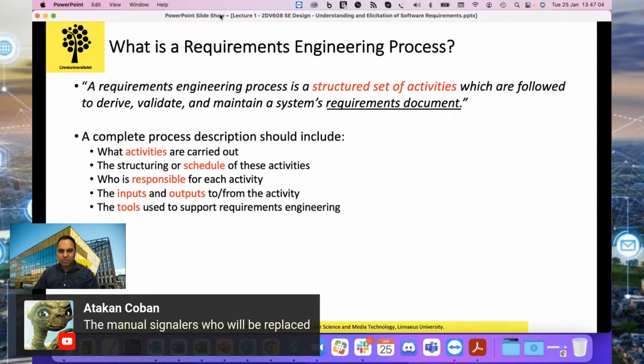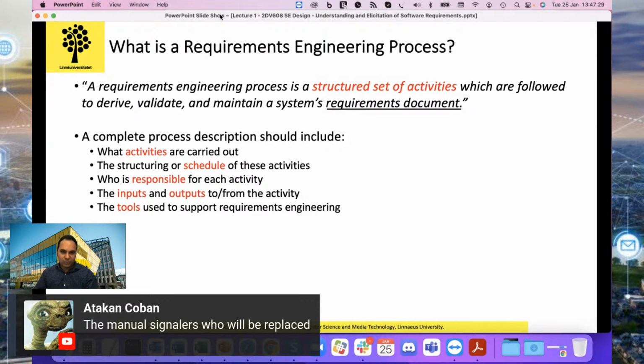but a requirements engineering process or a complete process should include the following things as part of your process. What are those things? That is, what activities will be carried out as part of your requirements engineering. It can be specification, definition, analysis, negotiation, and so on. The schedule or the structure of these activities.